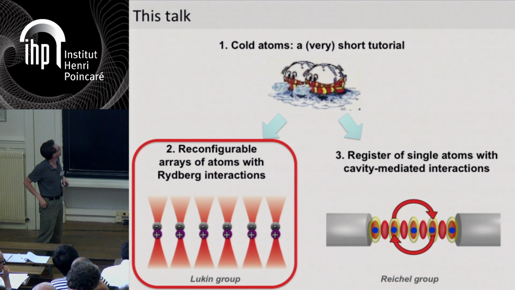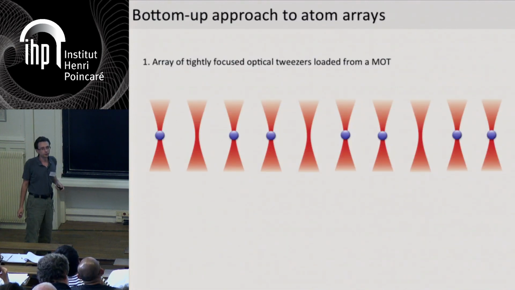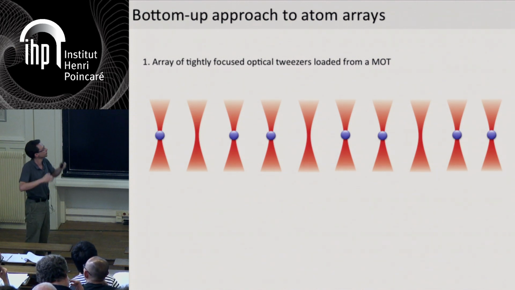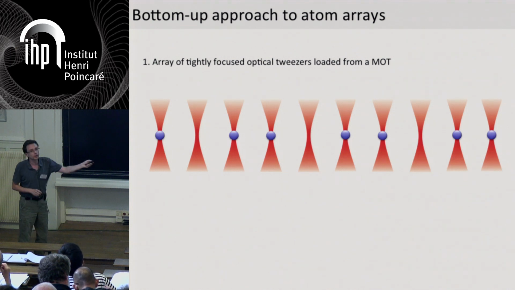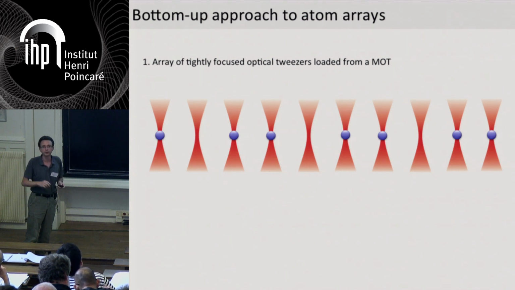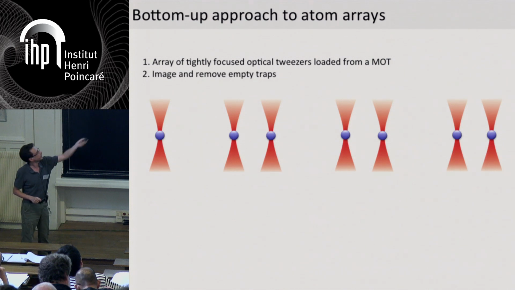And this brings me to the first experiment I wanted to describe today, which is this array of Rydberg atoms performed in the Lukin group. So here, the approach is to start with an array of typically 100 of these optical tweezers, which are in this collisional blockade regime that we load from an optical molasses. And the idea now is to make an image of the atomic distribution after some loading time, and to use the information contained in that image to turn off the empty traps.